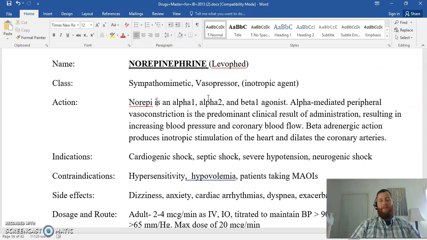It can increase the work or the strength of contraction, but its primary effect is on alpha 1 receptors, and it's very primary to alpha 1 receptors, meaning you're going to have very minimal, if any, effect on those beta receptors. You're going to really have to get a high dose to start having much effect on beta receptors. So it's a very potent alpha 1 agonist, even though it does technically stimulate beta 1.